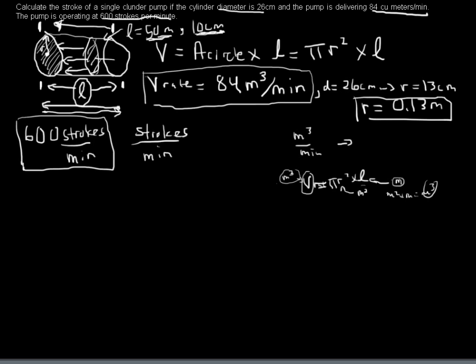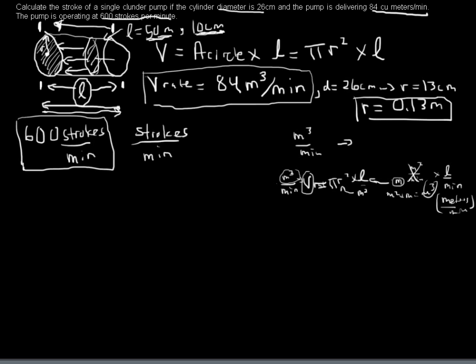Now, if we have meters cubed per minute, then something on the other side has to be per minute. It can't be meters squared per minute for the radius, because the area is not changing. So all we can have is L per minute, or meters per minute.